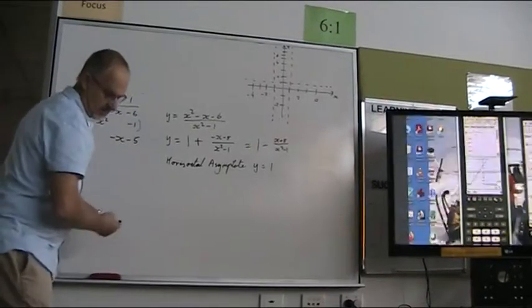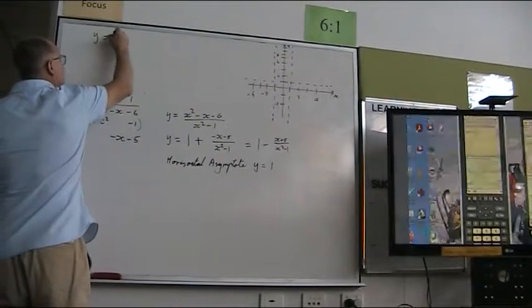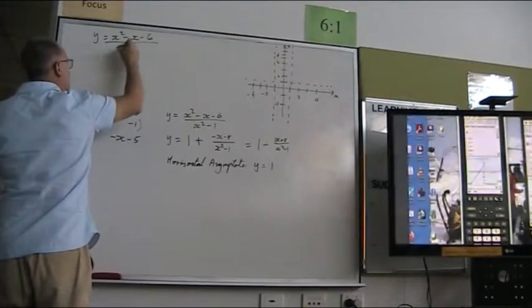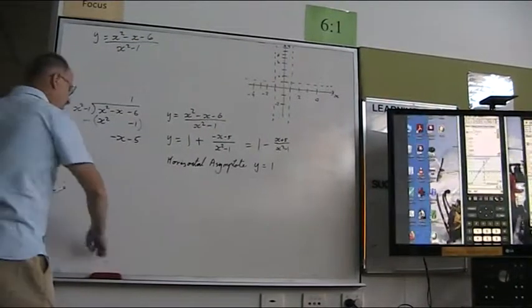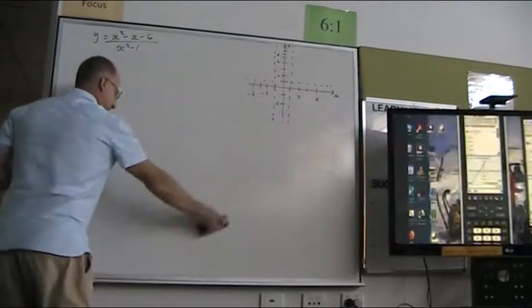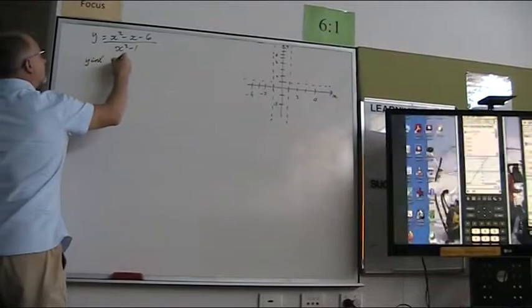So I'm just going to work with our original version, x squared minus x minus 6 over x squared minus 1. Y-intercept, x equals 0.